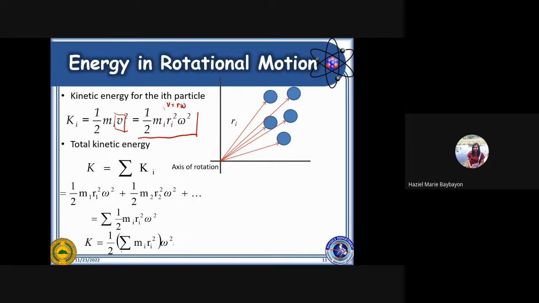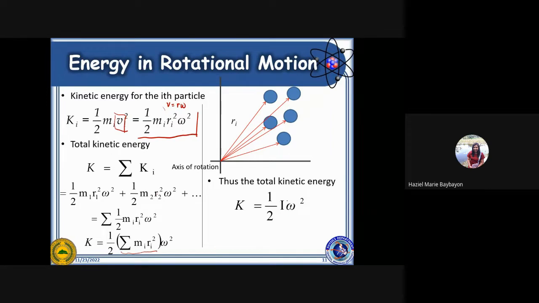And then, para simpler ang ato ang pagsulat sa kinetic energy, we will call this as I. So, unsa man ni si I, class? You have K is equal to 1/2 I omega squared. This is the kinetic energy of rotating particles. So I is the moment of inertia of an object. Okay, take note of that.